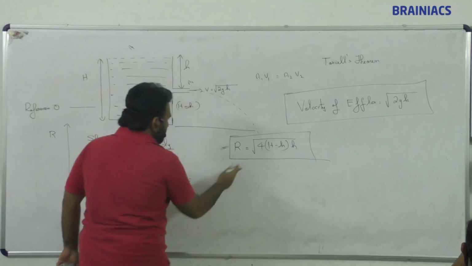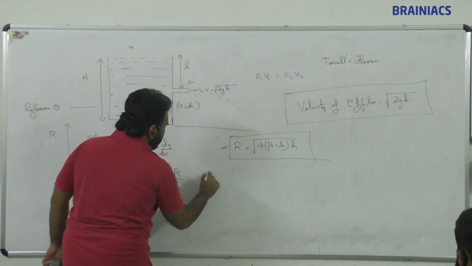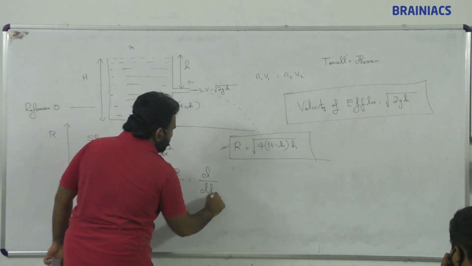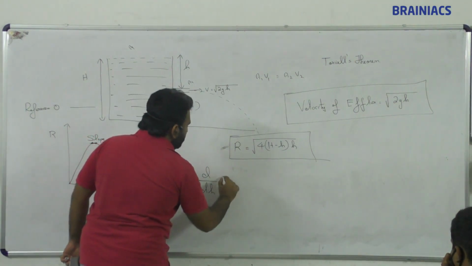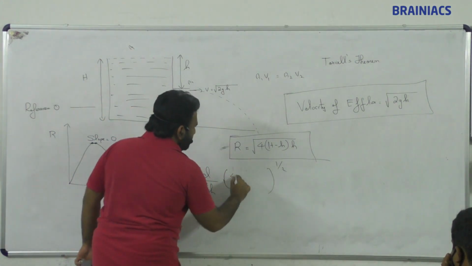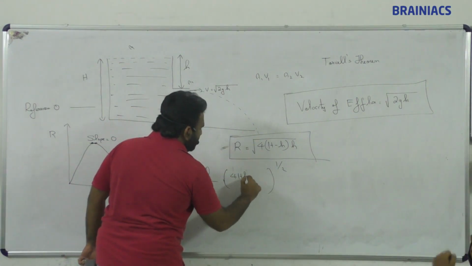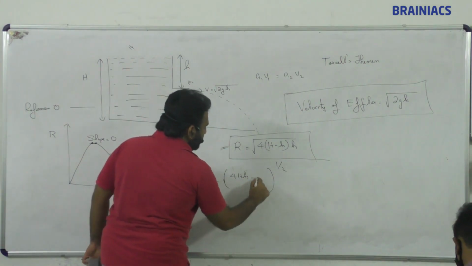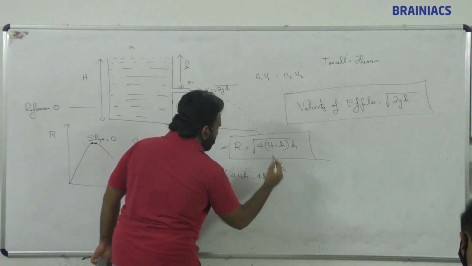So this is nothing but d by dh of the whole thing raised to 1 by 2, which is 4hH minus 4h square.